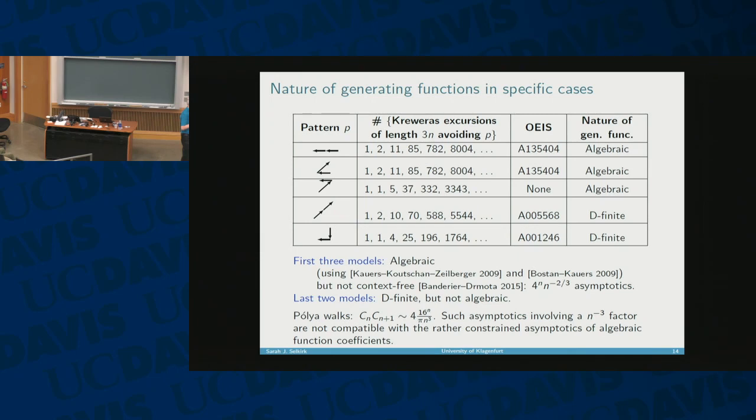I'm not sure about the answer, but for sure things like Catalan numbers have asymptotics which, when you square them, you get a non-integer power, and then it's not going to be algebraic. So probably there are some examples of algebraic functions which, when squared, give algebraic functions again. But this, for example, via the fact that its asymptotics don't fit, is not going to be algebraic.